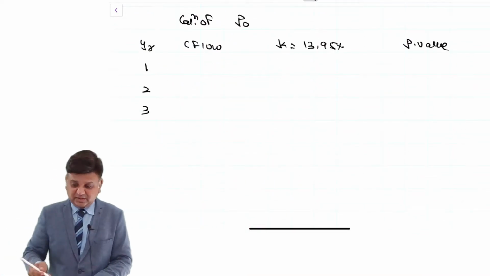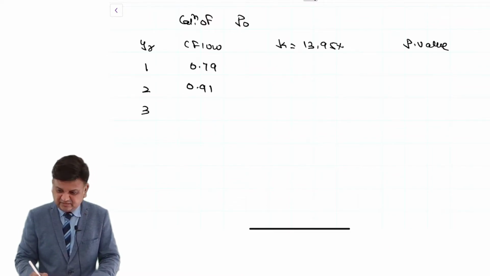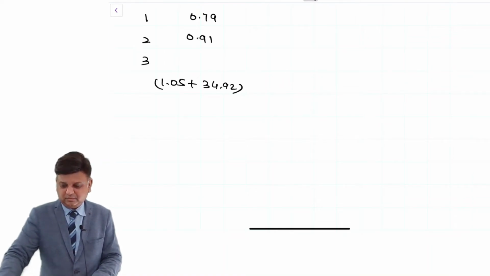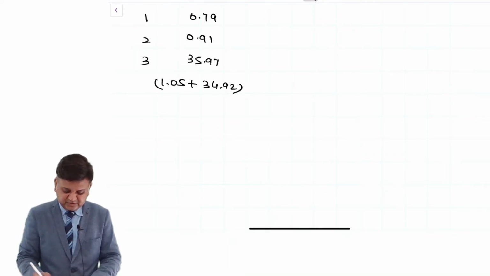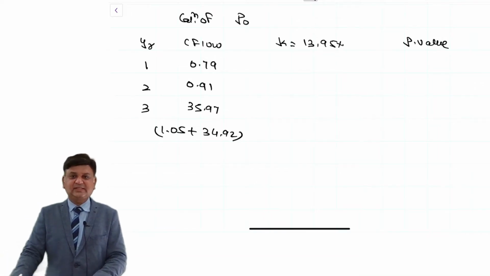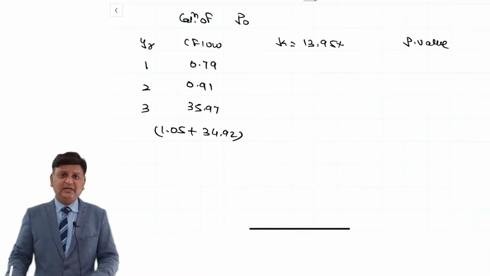This is the amount that you are going to receive. 79 paise, 91 paise, 1 rupee 5 paise plus 34.92. So 35.97. Importantly, understand that the discounting factor would be 13.95 for discounting year 1 to year 3 cash flow to year 0.